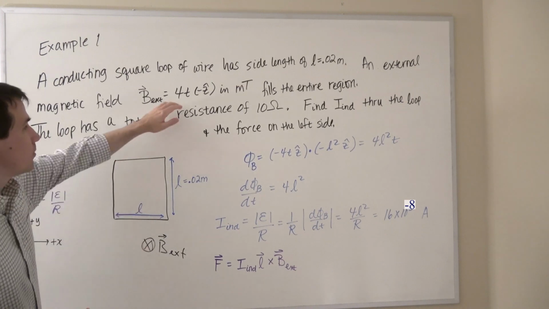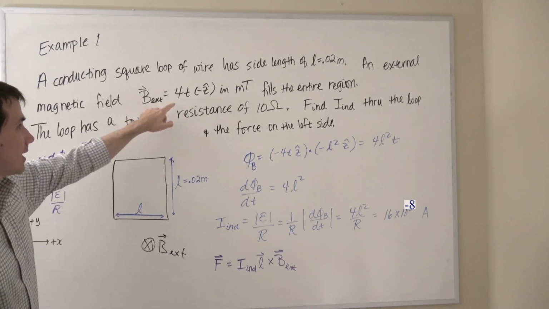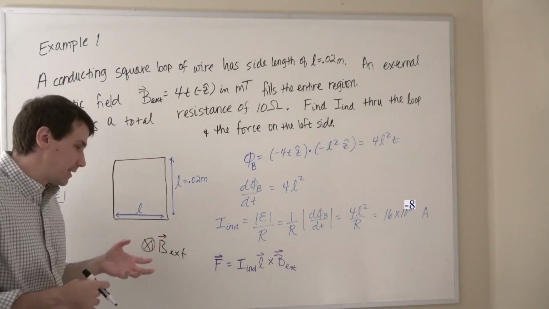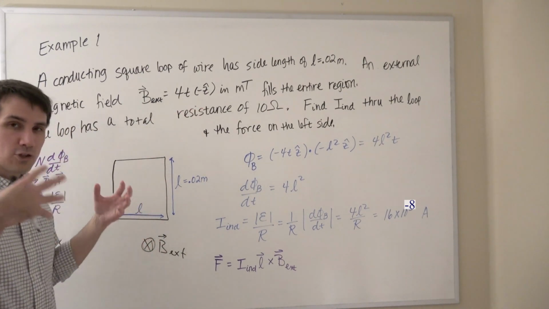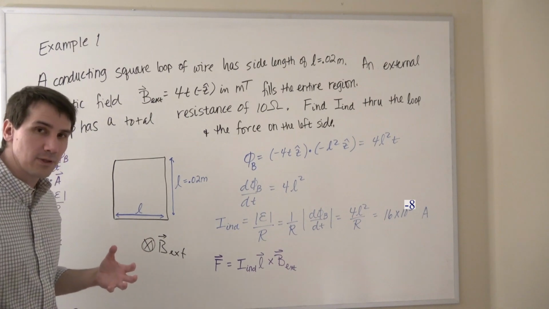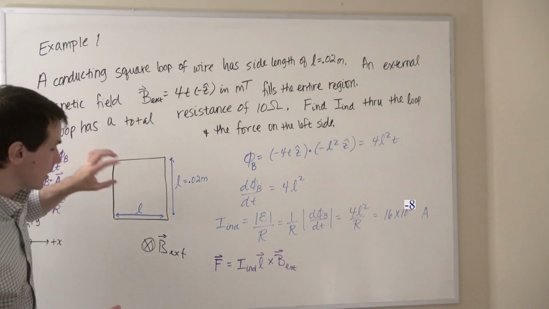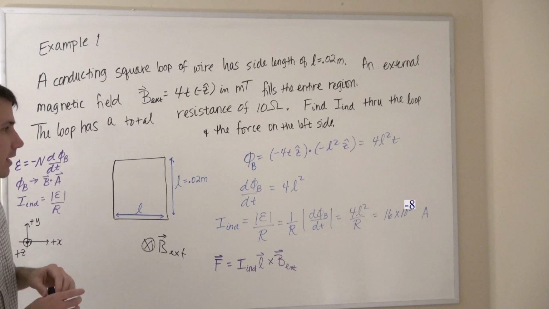How do I know? Because as t goes up, the magnitude of the magnetic field gets bigger and it points into the page. So I'm getting a stronger and stronger magnetic field, more magnetic flux, and that field is pointing into the page.